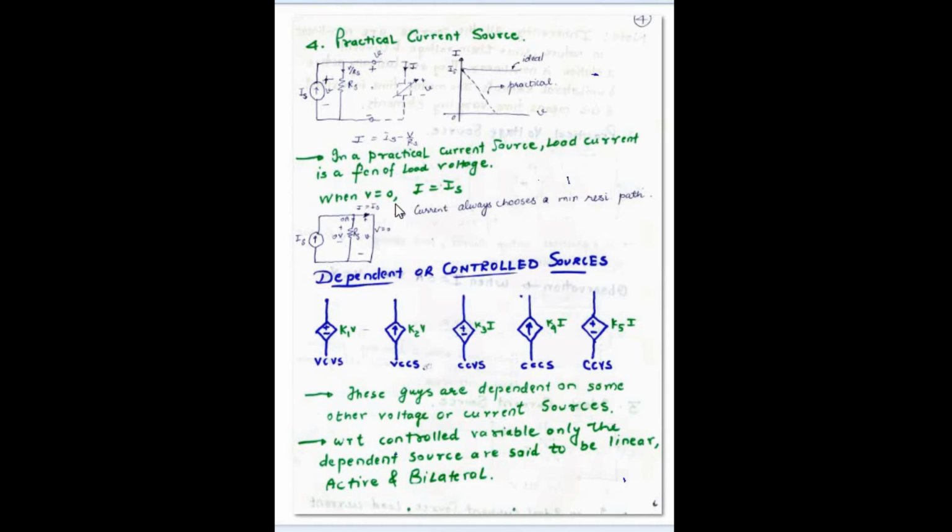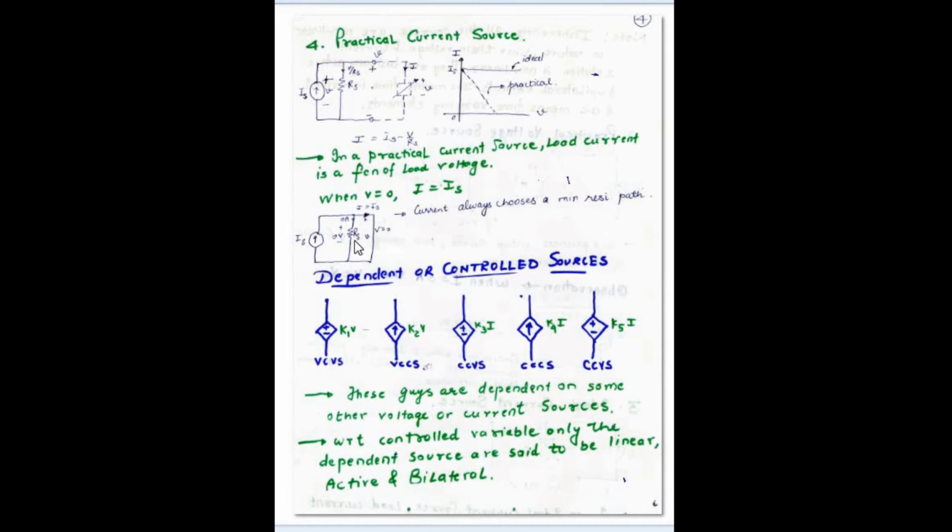So one important observation here is that when V equals 0 in this equation, then I is equal to Is. Means if the voltage here is 0, I am shorting this load branch. If I short this load branch, then the whole source current will move on to this branch. One important observation is that current always chooses the minimum resistance path.